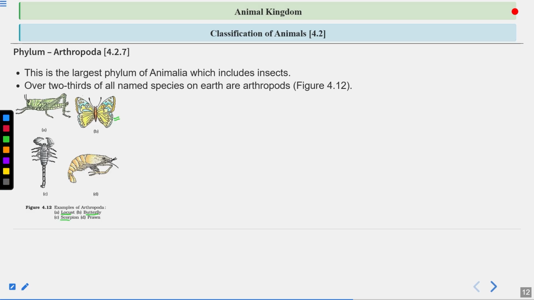Now here, the scorpion. The scorpion lives in crevices in the rocks, or just below a rock. And what about the prawn? This is the aquatic one. There are many arthropods found in the aquatic environment, right?